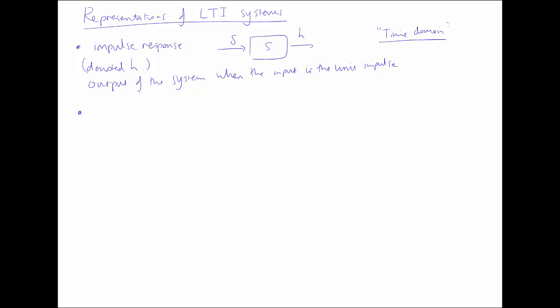To be very clear, this representation of the system is in fact a signal. We represent the system by the signal h, and that signal h knows everything about the system. This is slightly confusing: we represent the system via the signal h, which is the output of the system when the input is this special signal, the unit impulse. So that's the impulse response.